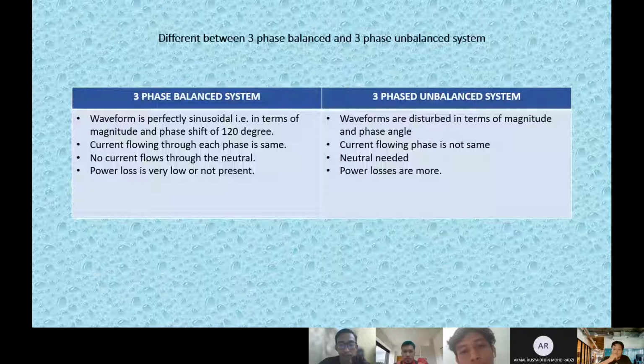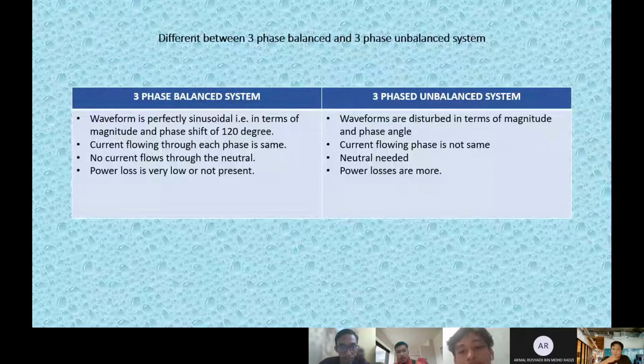For the three-phase unbalanced system, waveforms are disturbed in terms of magnitude and phase angle. Current flowing in each phase is not the same. Neutral is needed and power losses are more. Okay, this is the difference between balanced system and unbalanced system.